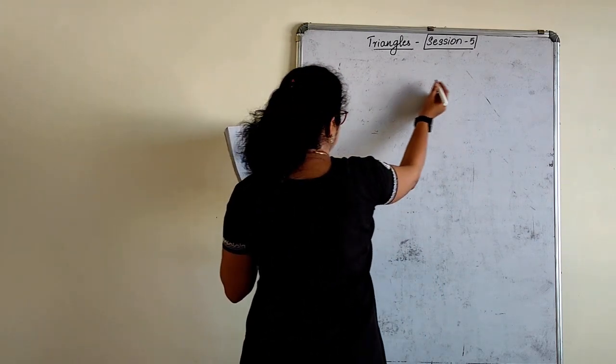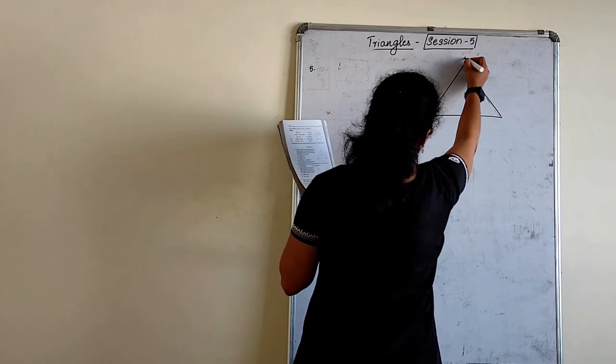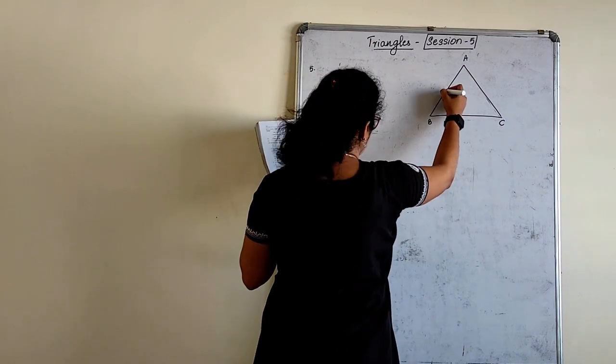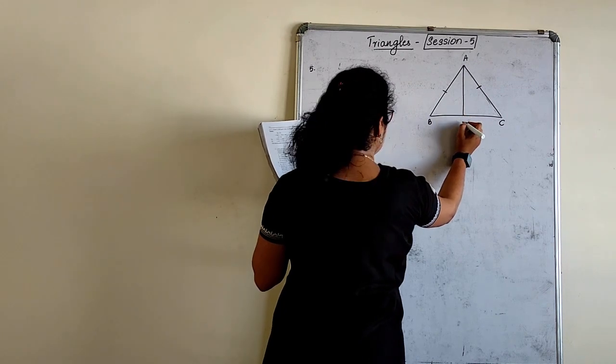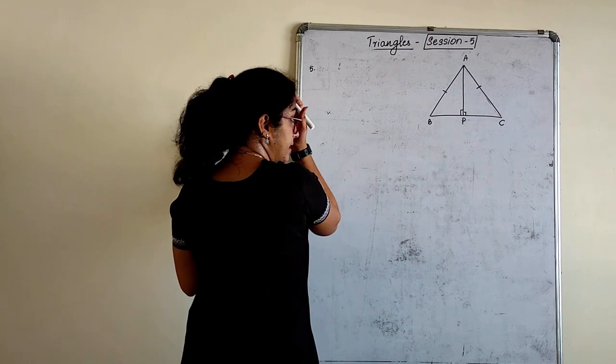Fifth one. With AB is equal to AC and AP is perpendicular, not bisector, children, it's only perpendicular.